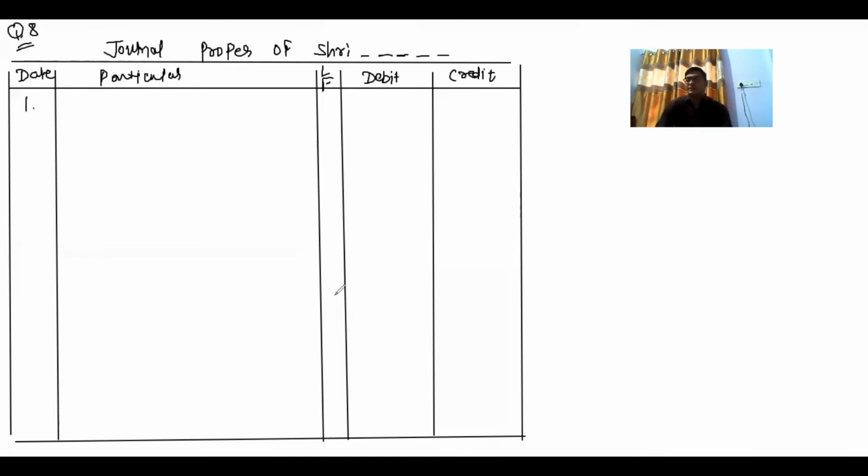Transaction number 1, rupees 700 received from Renuka is recorded to Bhumika's account. Here it is recorded in Bhumika's account, so Bhumika's account debit to Renuka's account. Amount 700.